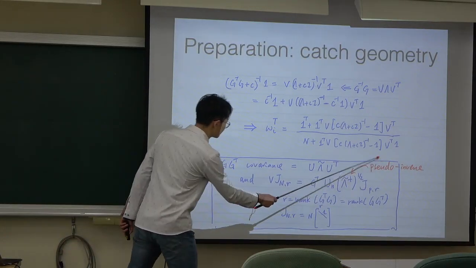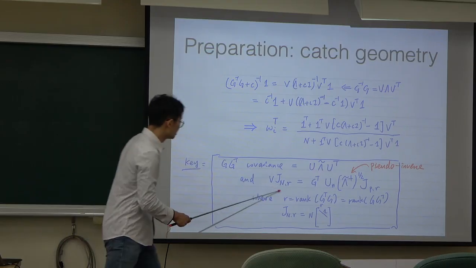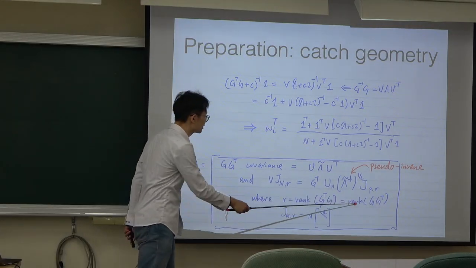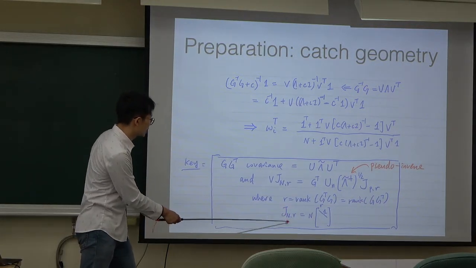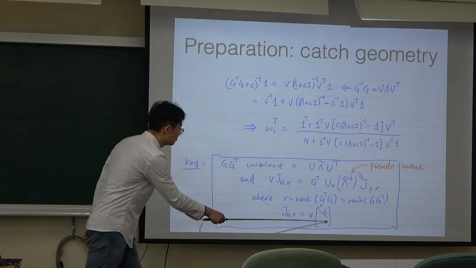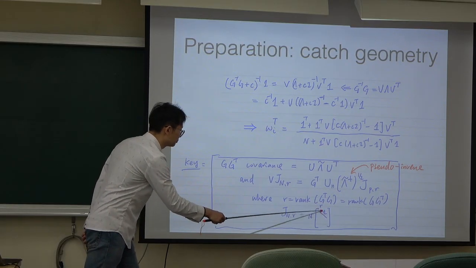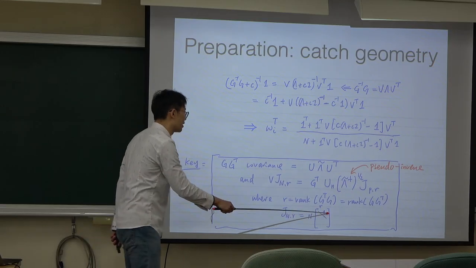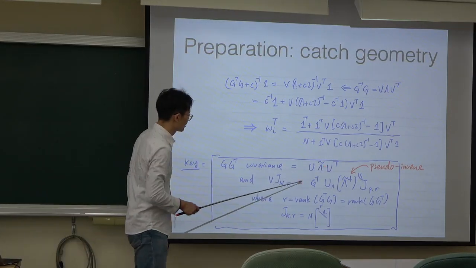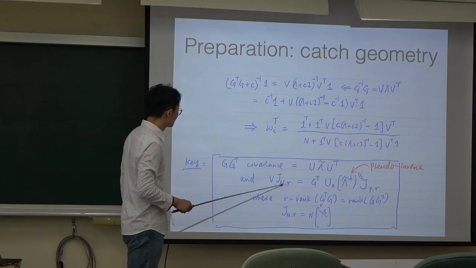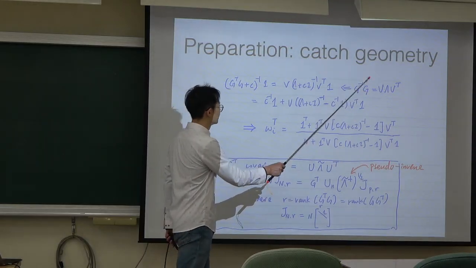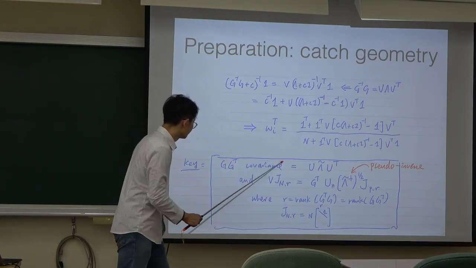And this is a Moore-Penrose pseudo inverse, where R is the rank of G transpose G, and the rank of G transpose G is the same as the rank of G G transpose, and J N R is nothing but an N by R matrix with the R by R identity on the top, and all the others are 0. So you have this kind of trivial relationship to link the eigenvectors of the Gram matrix and the eigenvectors of the covariance matrix.